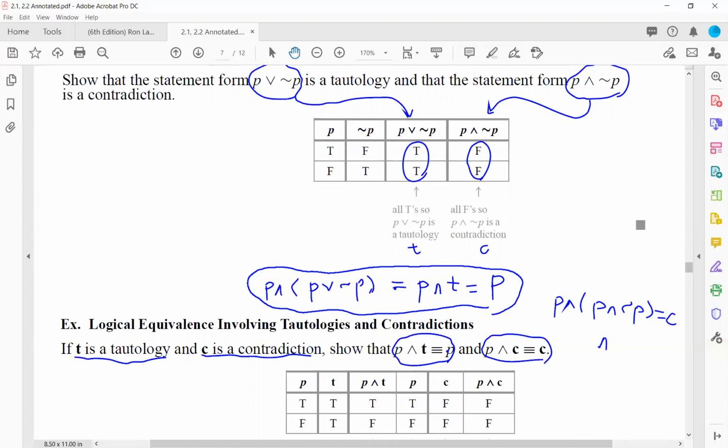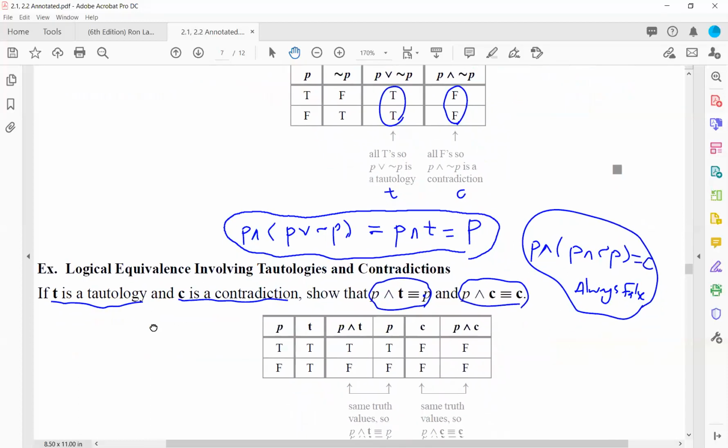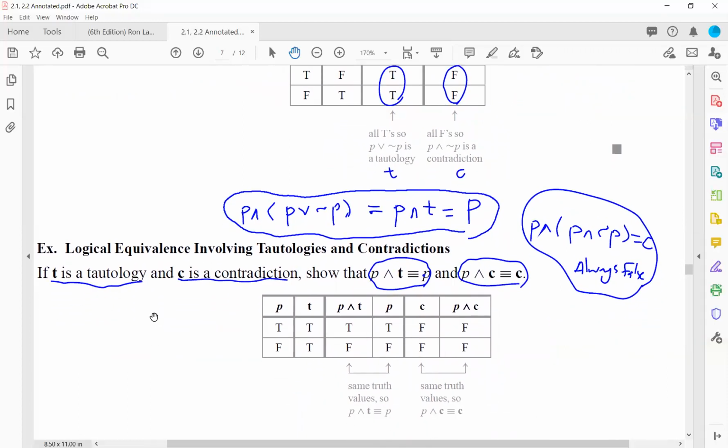It is always false. By using a truth table, you can see P and a tautology is the same as P. That's why we can replace these two. These two are equivalent to each other. And P and a contradiction is always false, which is the same as a contradiction.